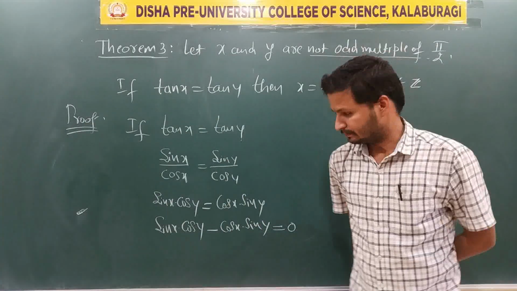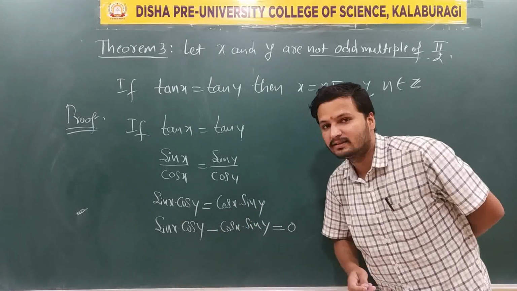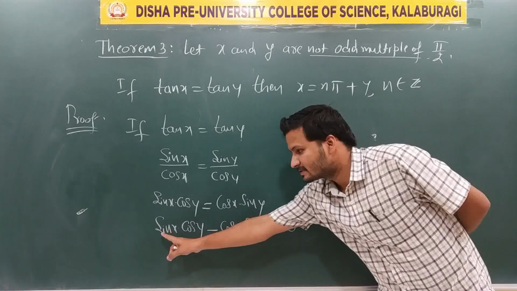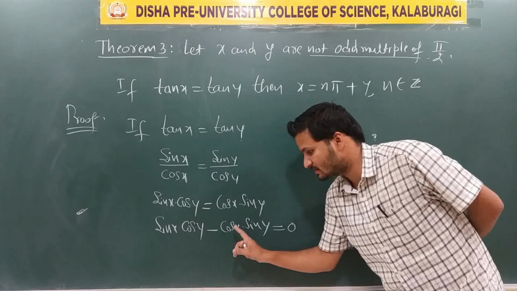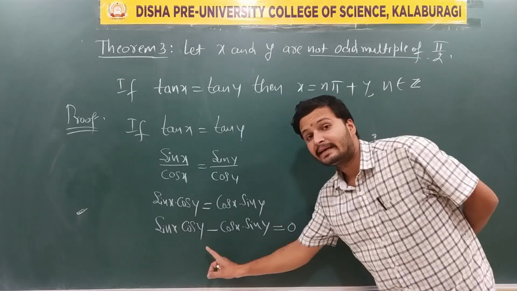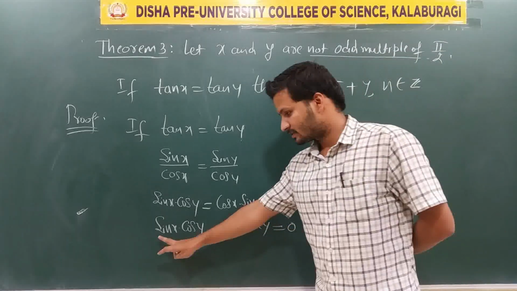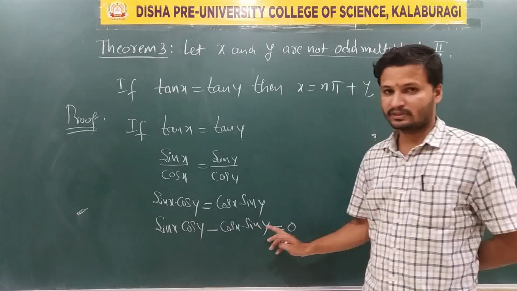Yes. Then see, this looks like a formula, that is sin x into cos y minus cos x into sin y, the compound angle formula. So sin of x minus y is equal to sin x into cos y minus cos x into sin y.